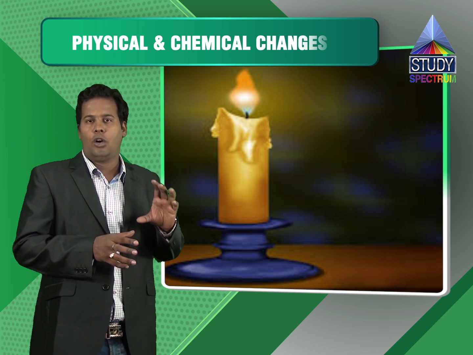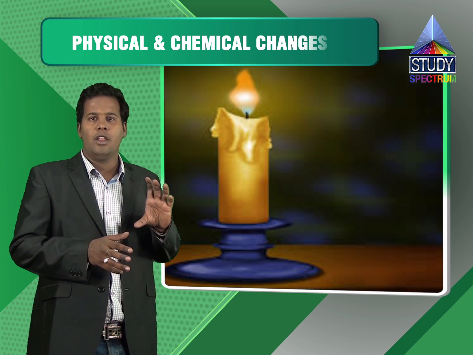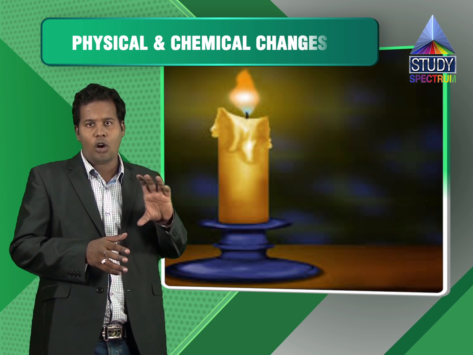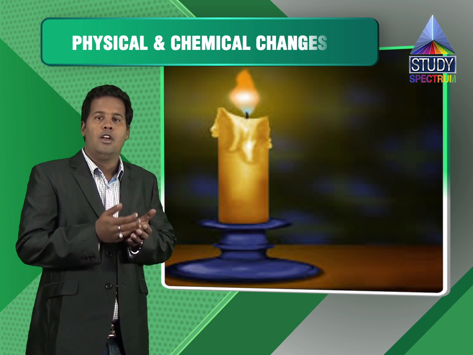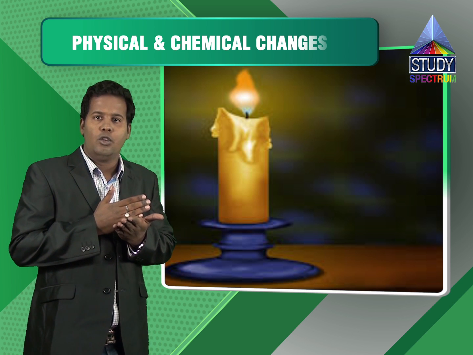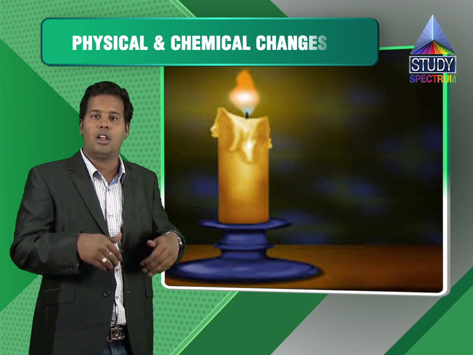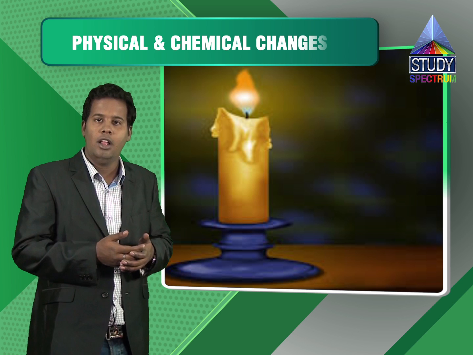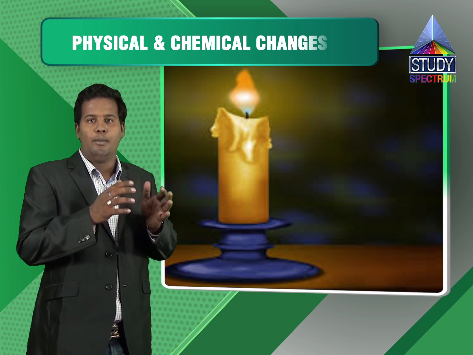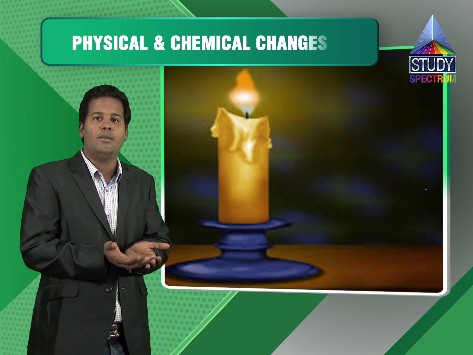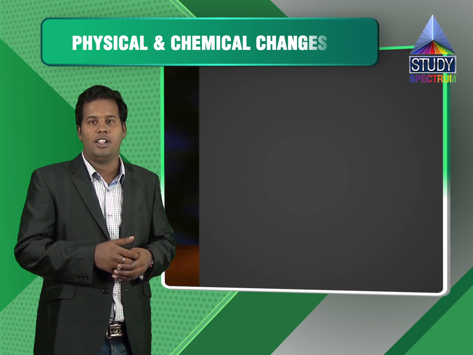The volume of the solid part which was actually used for burning was not the same as what we have collected at the bottom. The reason is a very major part of that candle burns away, which is a chemical change, that is burning of wax or the burning of candle, and a very small amount of that wax is melted and collected at the bottom in the form of solid, that is melting of wax is a physical change.